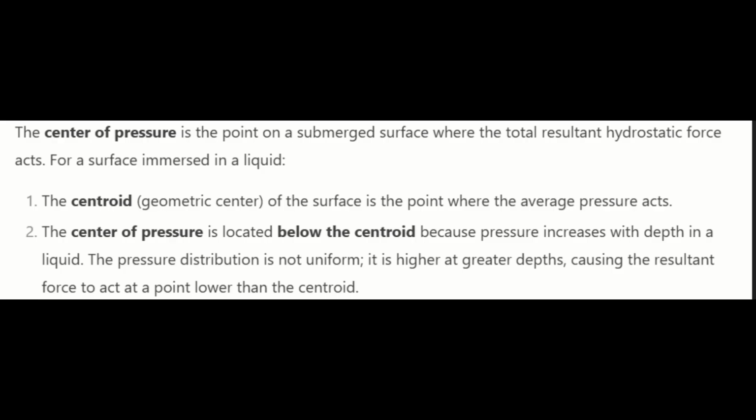The body can be either a cube or a cylinder; it varies with different geometry. Whatever it is, centroid simply means the geometric center of the surface, and that's the point where the average pressure acts. That is what centroid means.